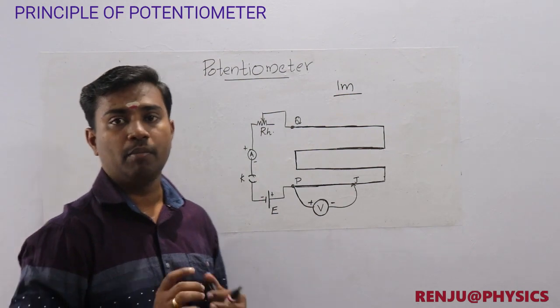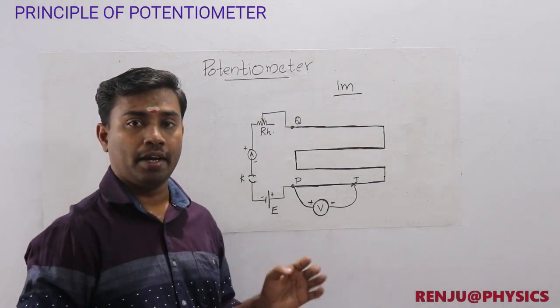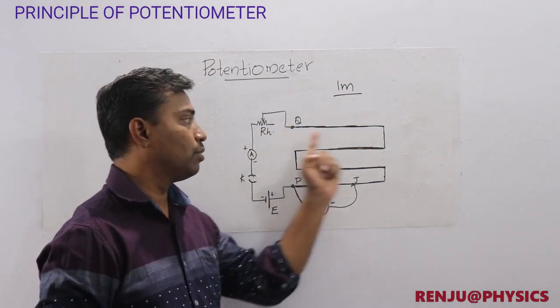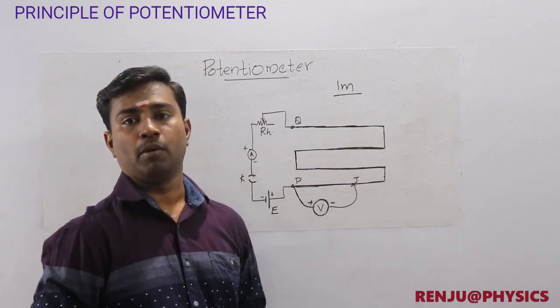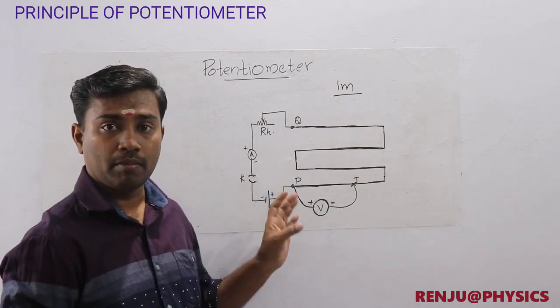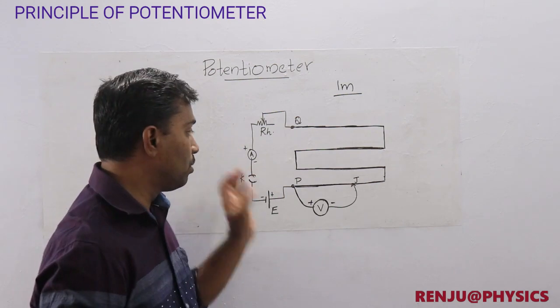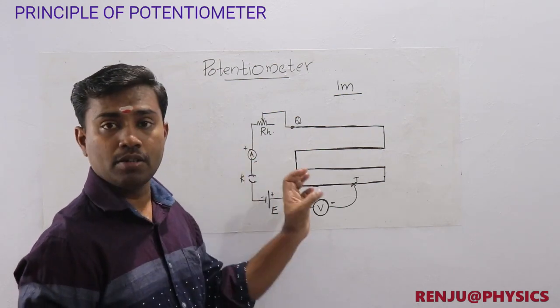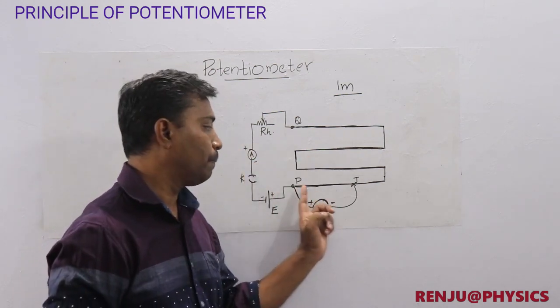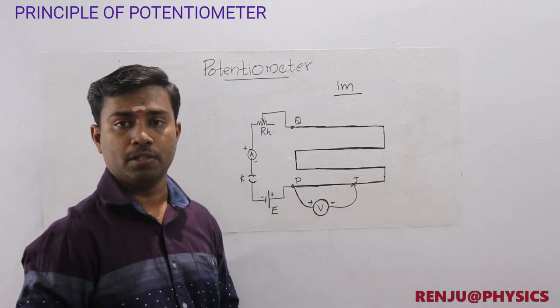The function of the primary circuit is to provide a constant current through the wire of the potentiometer.